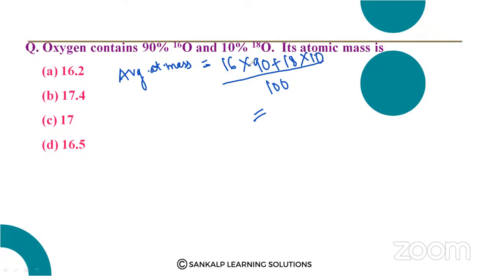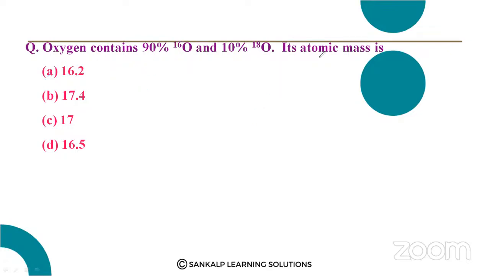Then you add and divide by the percent, that is 100%. After solving, the answer comes to 16.2. So solve this and you will get the answer as 16.2. So we'll go for the next question.